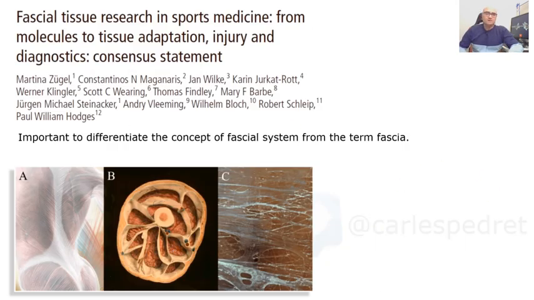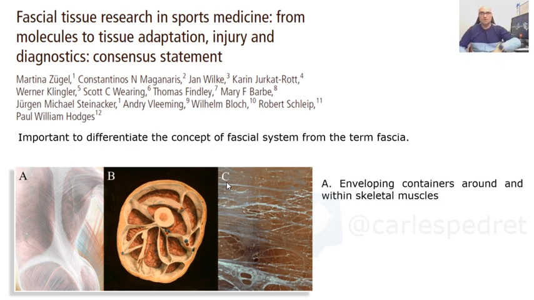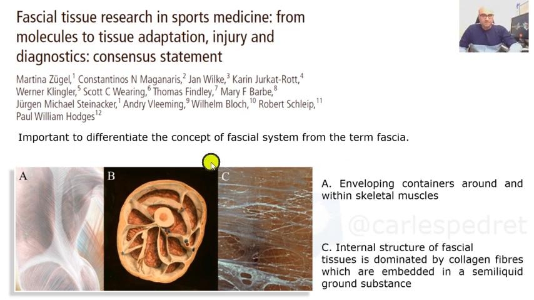This is a very good article from the British Journal of Sports Medicine. It is also important, it says, to differentiate the concept of the fascial system from the term fascia. In picture A we see the fascial system enveloping and containing all skeletal muscles, and this is what we talk about when we speak about fascial structures and fascial injuries.